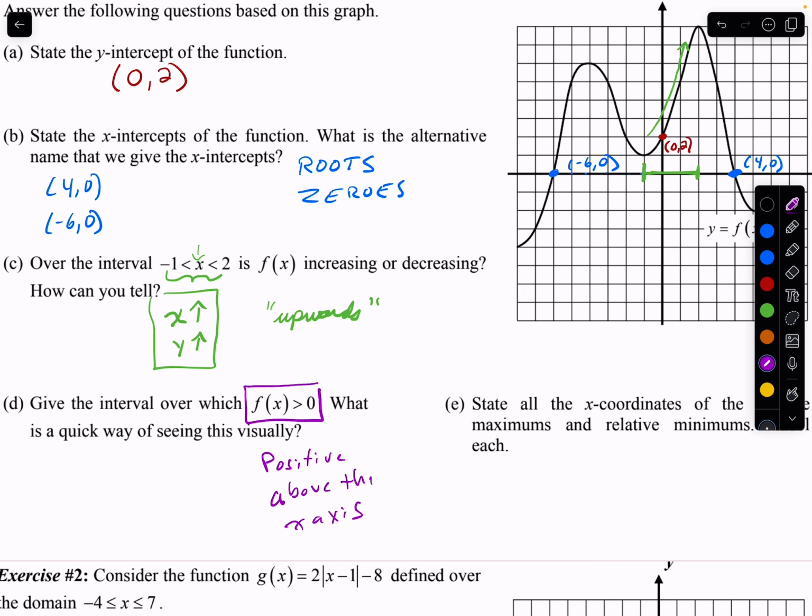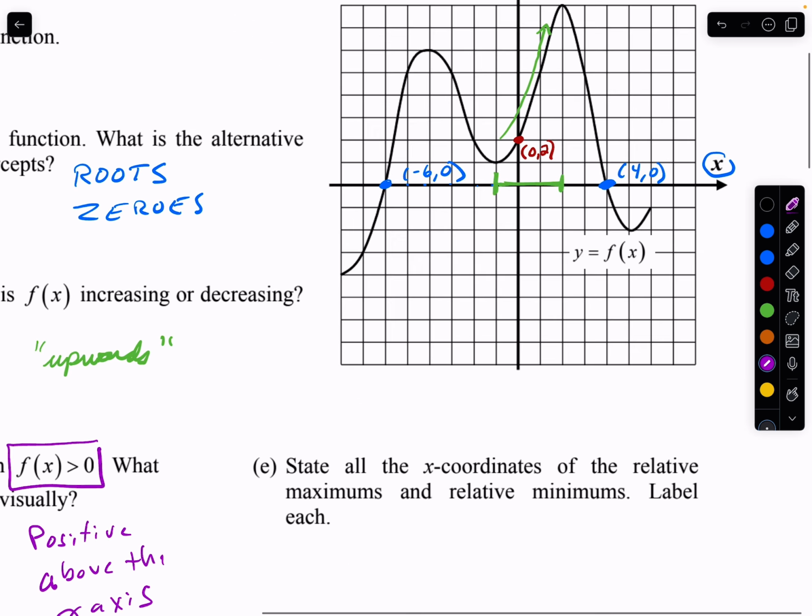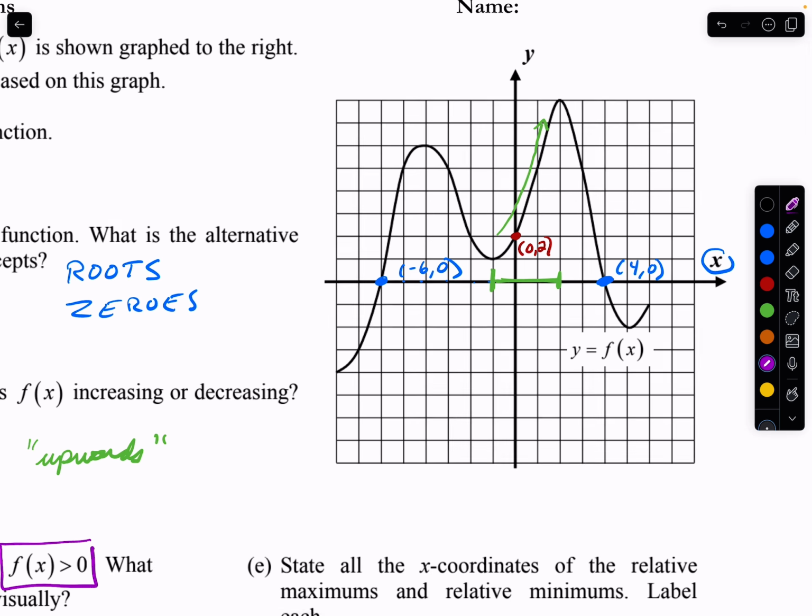What we want to look at here is the x-axis. We can see that from negative 6, it's above the x-axis, and it stays above the x-axis. It goes up, it goes down, it goes up, it goes down, and then right there, it hits again.